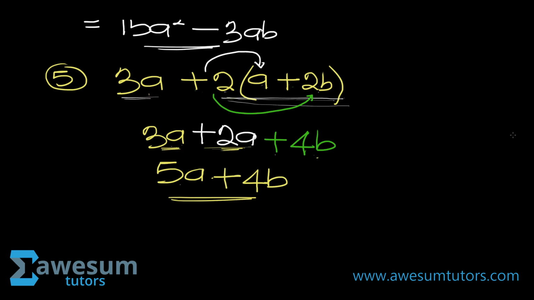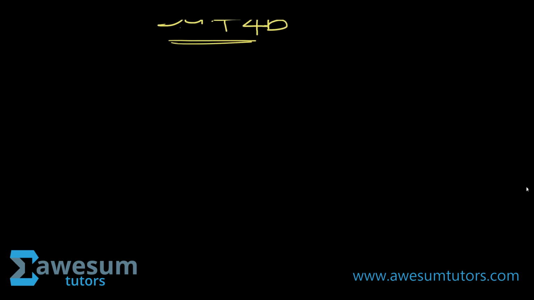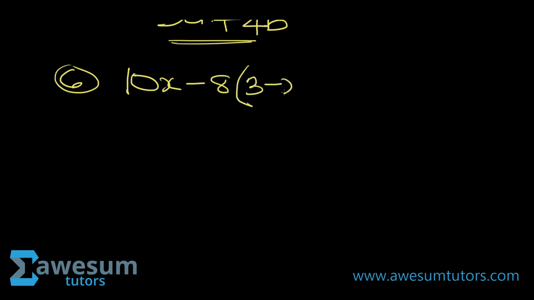Let us take a look at one more example. Example 6, which says 10x minus 8 bracket 3 minus x. How do we solve this? Again, for us to open up the bracket, we will only consider negative 8 to open up the bracket.